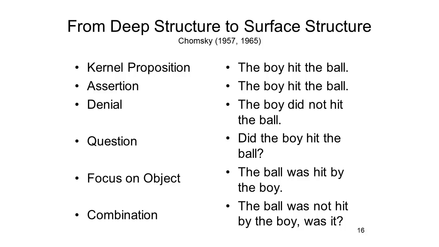Or we can take an attitude of questioning. Did the boy hit the ball? Or we can focus on the object. The ball was hit by the boy, rendering the proposition in passive tense. Or lots of different combinations like, the ball was not hit by the boy, was it? Which combines assertion, denial, question, and focus on the object.